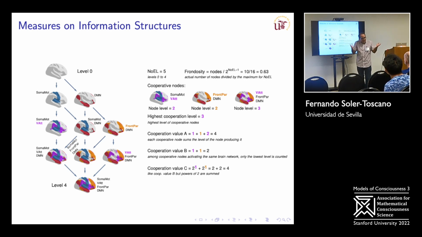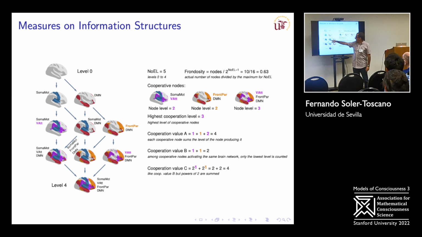Those are networks that may exist in the information structure by themselves. They can exist alone. But there are other networks like visual, attention, frontoparietal, that don't appear alone, but can appear in the presence of another one.